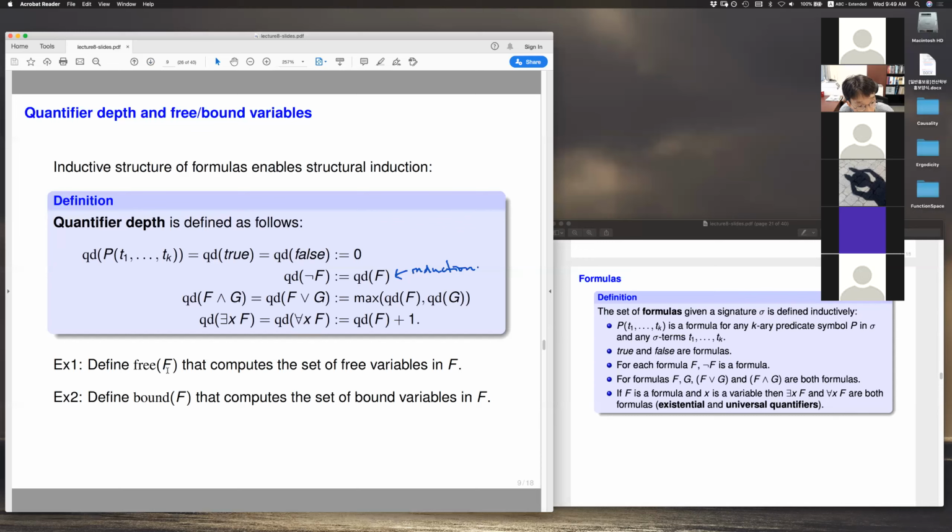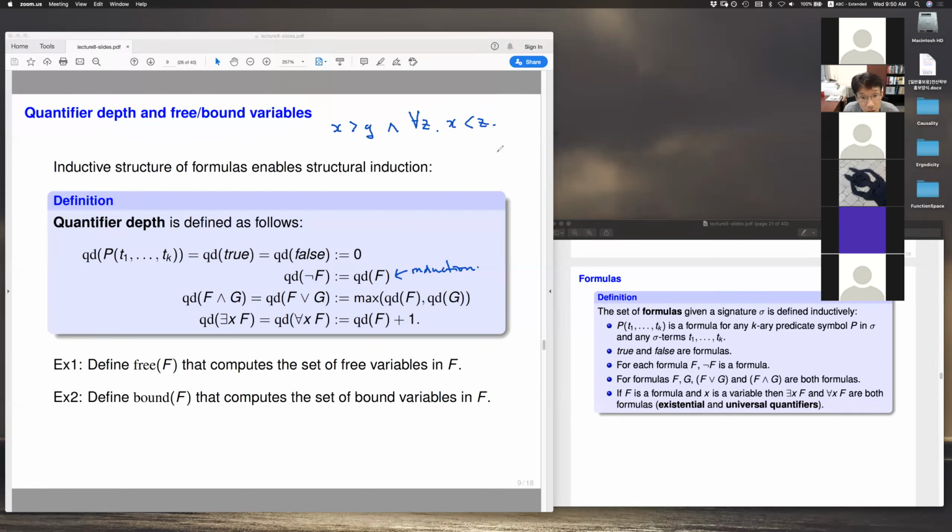The first is free of F, which has to return the set of all the free variables appearing in formula F. So we have formula F that can be X is greater than Y, or something like X is greater than Y, and for Z, X is less than Z. So this is a formula which doesn't make sense at all.